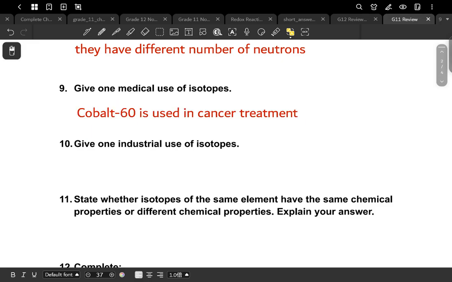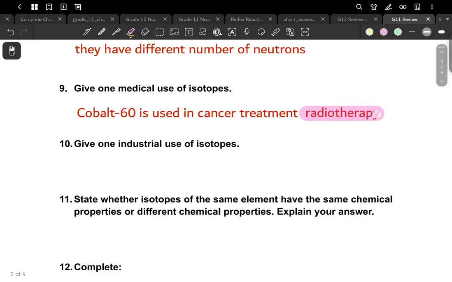This one we call radiotherapy, which means therapy using radiation. Therapy means treatment. So radioactive elements like cobalt-60 are used in cancer treatment.